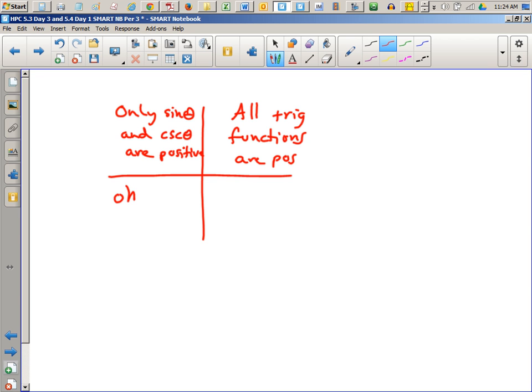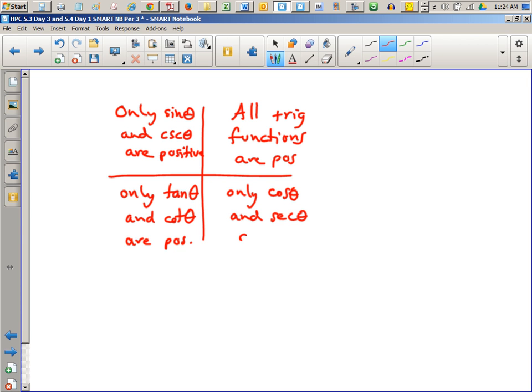And in quadrant 3, only tangent and cotangent are positive. And in quadrant 4, only cosine and secant are positive. Okay, so we can tell from the xy coordinates plus, plus, and minus, plus, minus, minus, and plus, minus, which are positive and where they're positive.